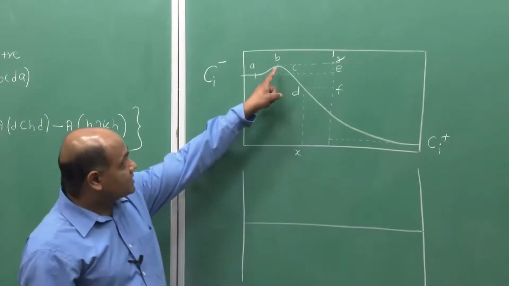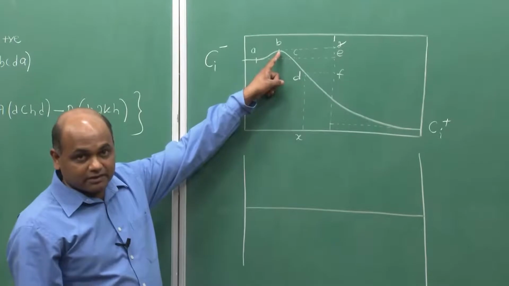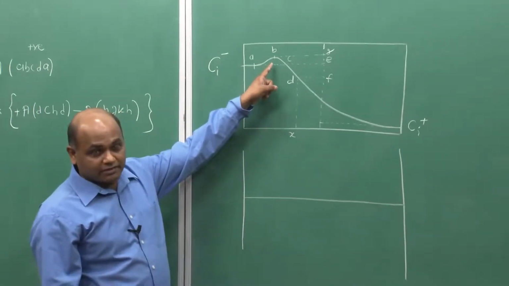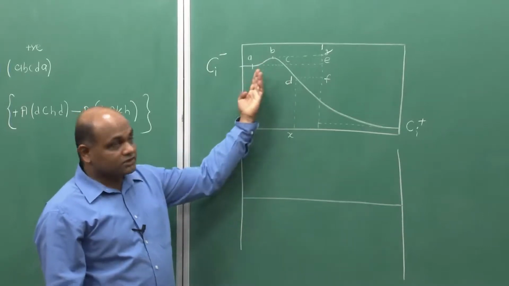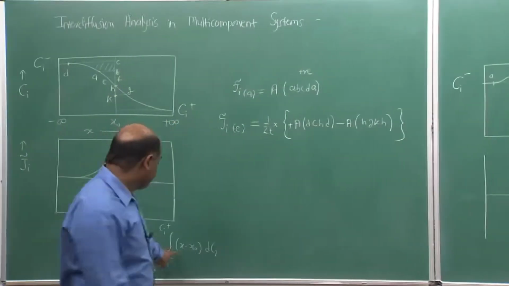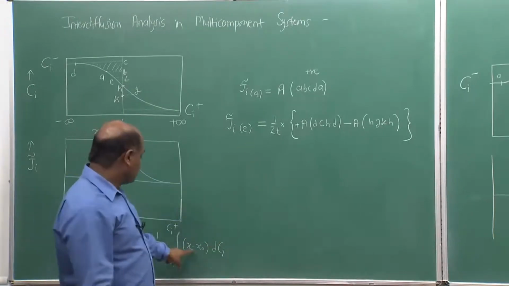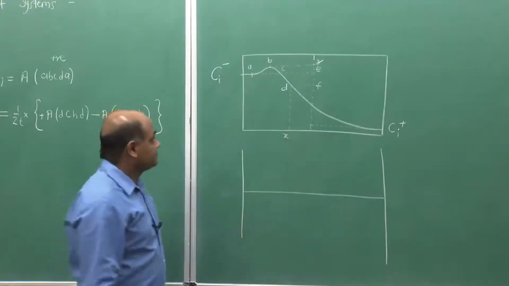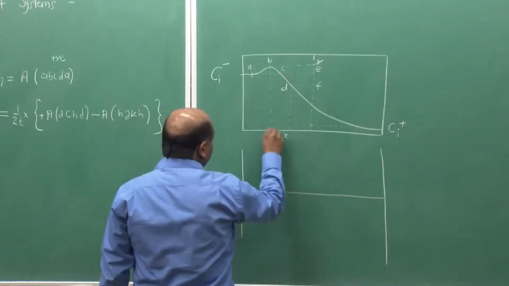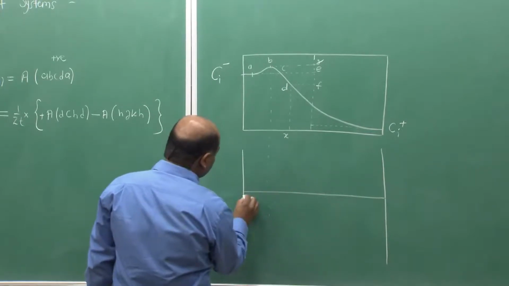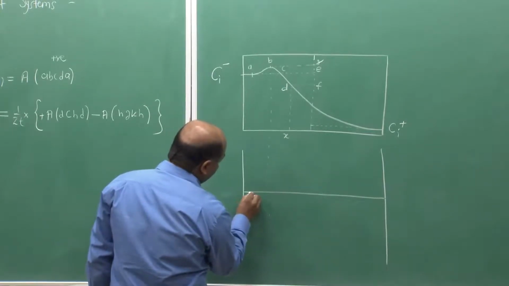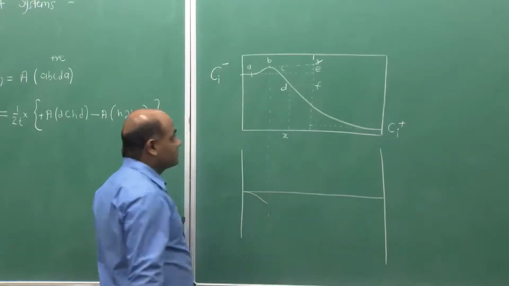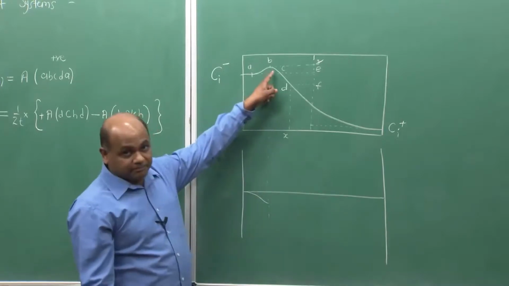Up to the point of maximum, that is up to point B here, we know the interdiffusion flux would be negative, because x minus x naught, based on this formula, is negative, but dCi from A to B is positive, and so the flux would be negative up to point E. In the terminal, of course, the flux is 0 and it is increasing in the negative direction to point B. What happens at point B?